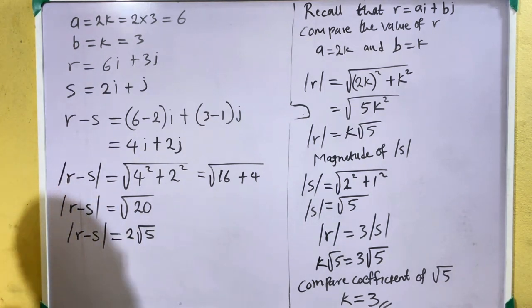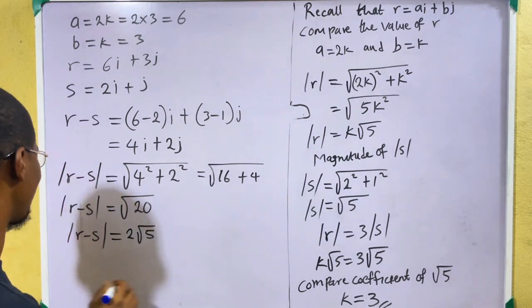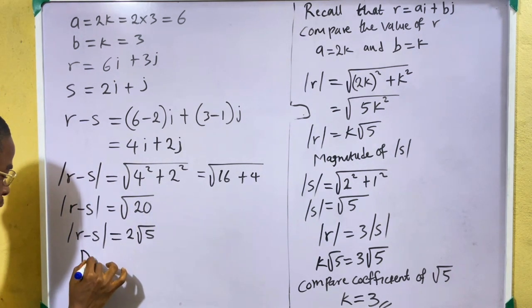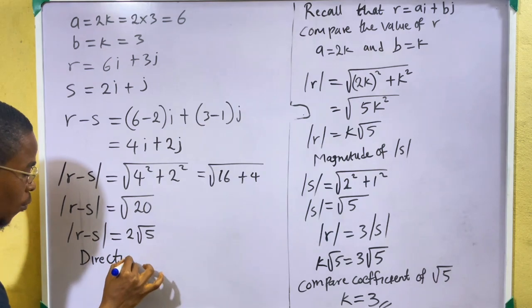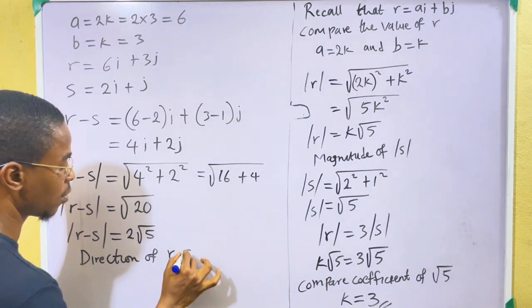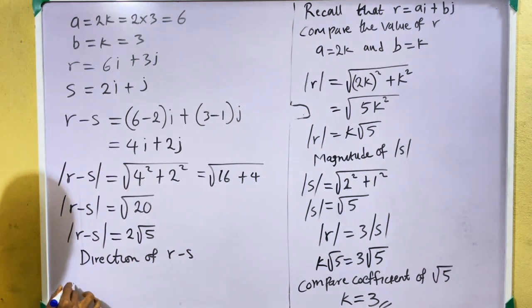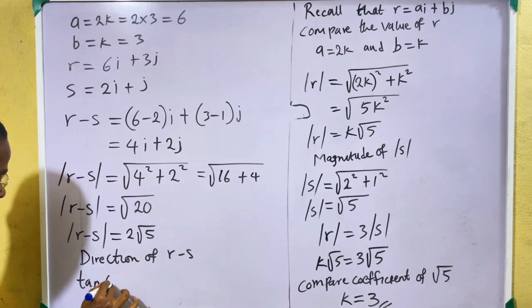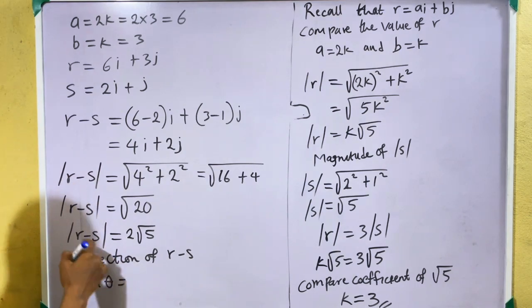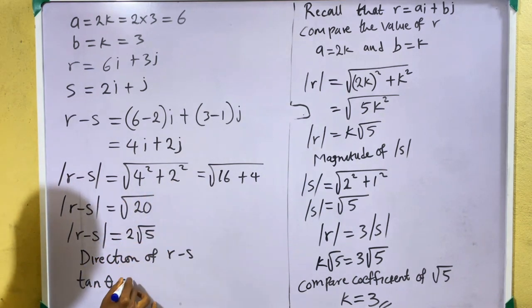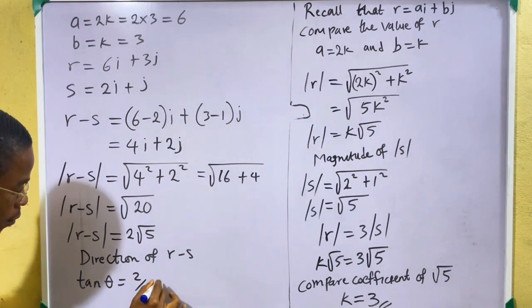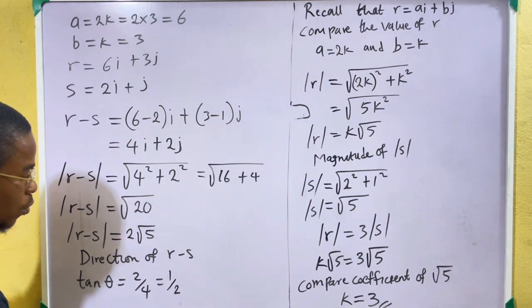They also say that we should find the direction of R minus S. So for the direction of R minus S, tan theta is equal to 2 over 4, which is equal to 1 over 2.